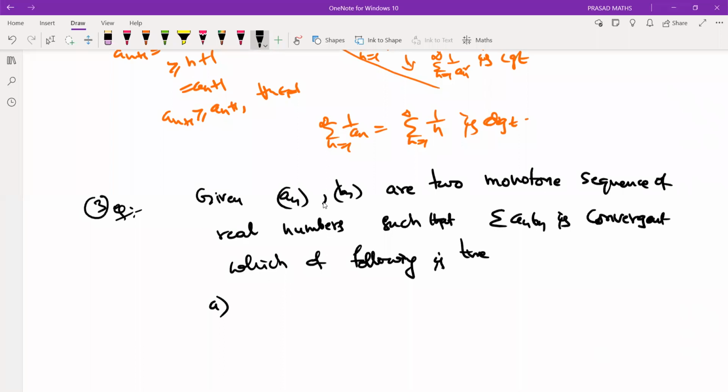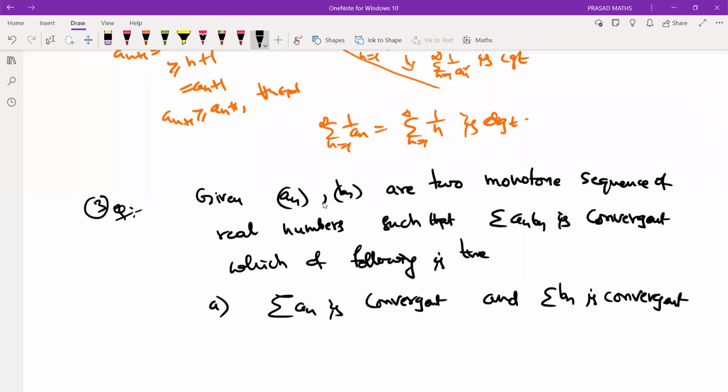First one, summation a_n is convergent and summation b_n is divergent, or it's convergent. Second one, at least one of the series a_n, b_n is convergent.